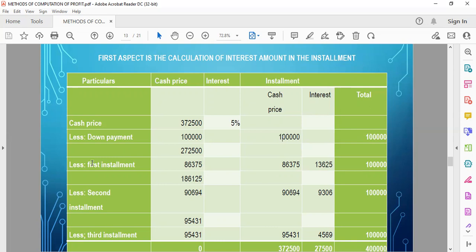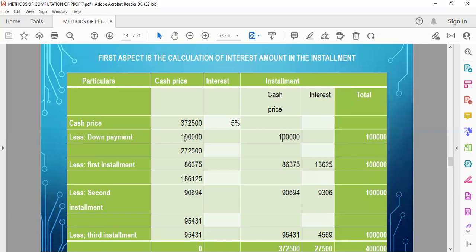For the first installment we should find out the interest. The interest rate is 5%. So you have to calculate 5% interest on 2,72,500. Why are we calculating the interest on 2,72,500?